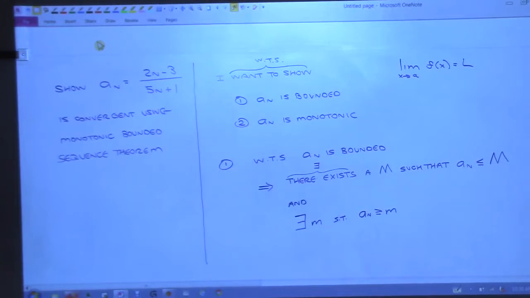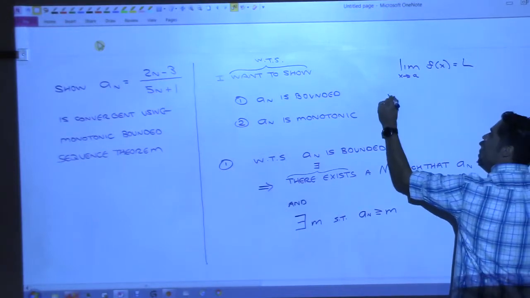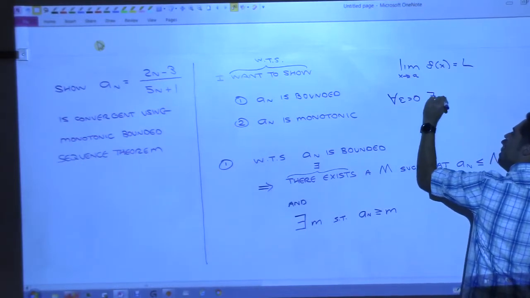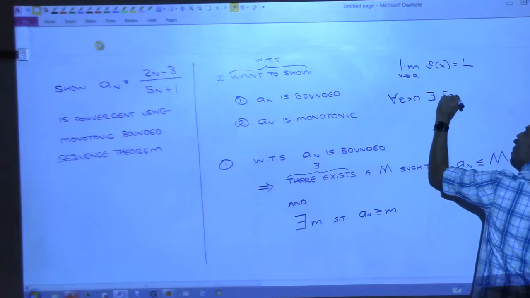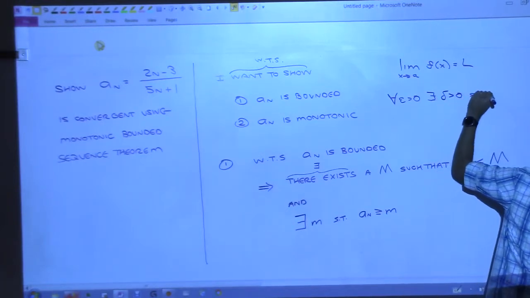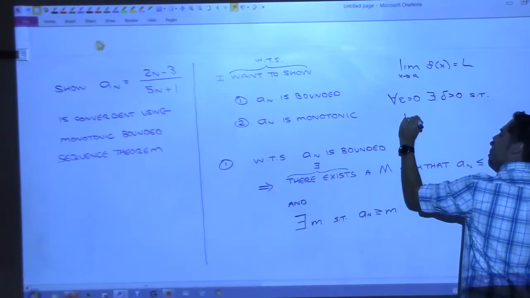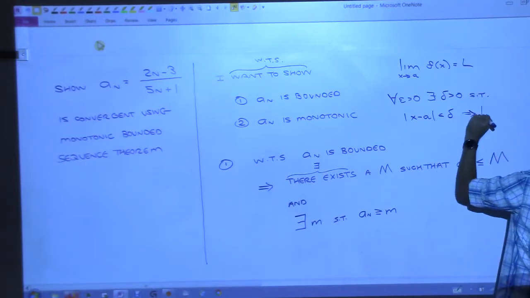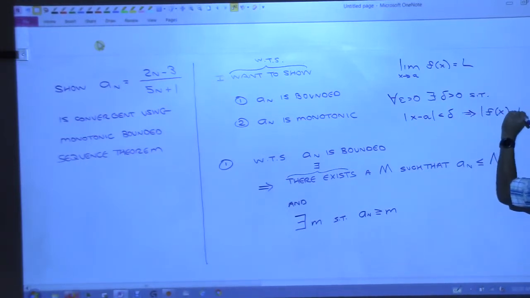For every epsilon greater than 0, there exists a delta greater than 0 such that the absolute value of x minus a less than delta implies that the absolute value of f of x minus L is less than epsilon. That looks very mathy, doesn't it? But it's just a sentence.